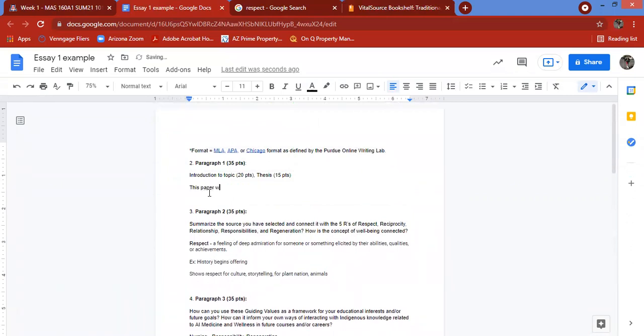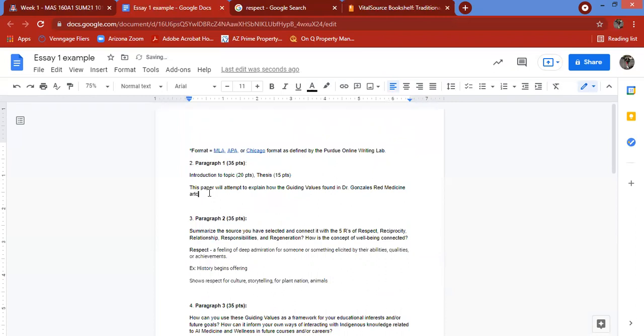And this paper will attempt to explain how the guiding values found in Dr. Gonzalez's Red Medicine article can transfer or translate to my field for me to take with me always. I don't know. However you want to write your thesis, it's probably going to look something like that.